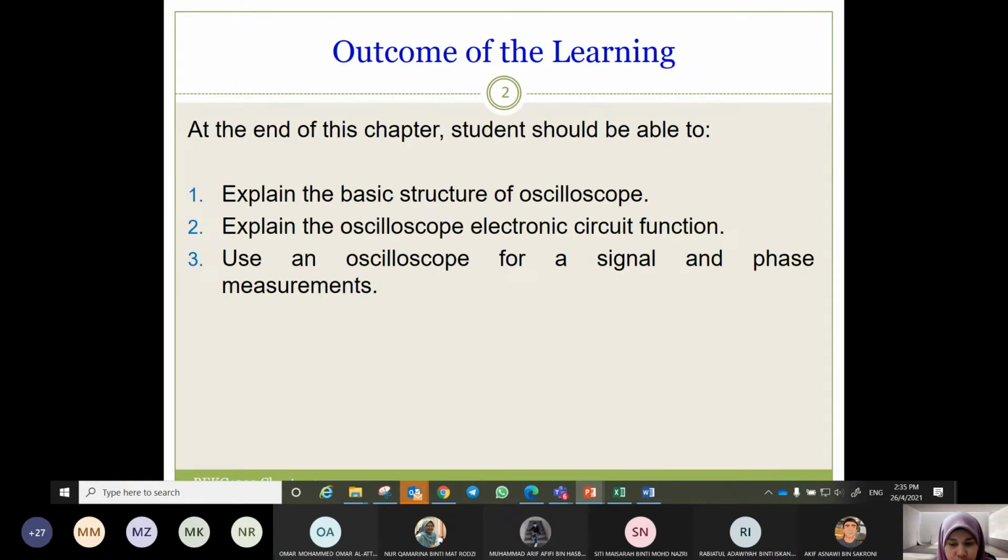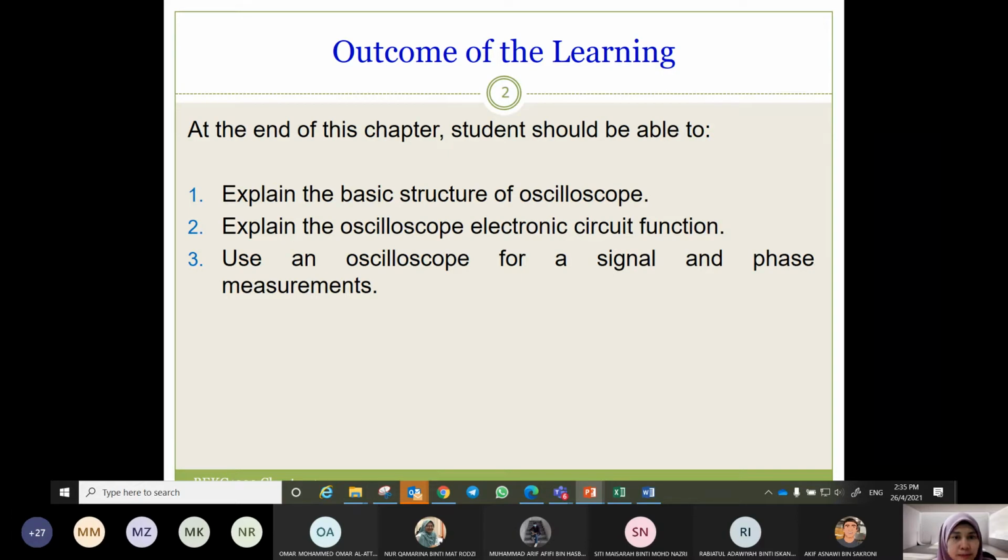Okay, so how many of you never seen oscilloscope? Is there any of you never seen oscilloscope? Ada yang tak pernah? Pernah.